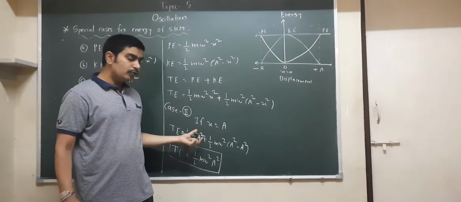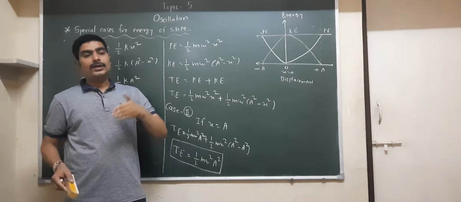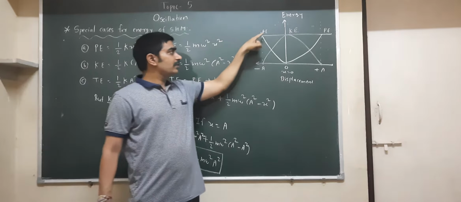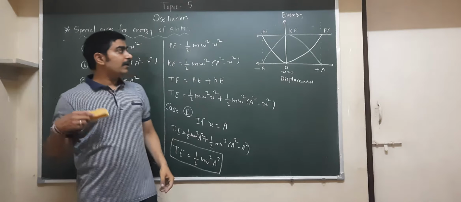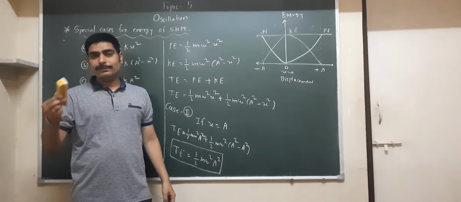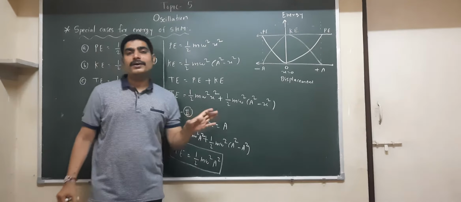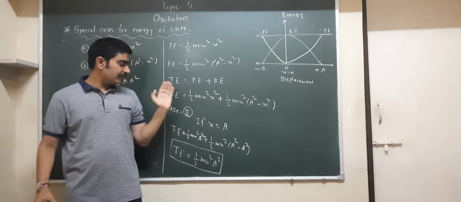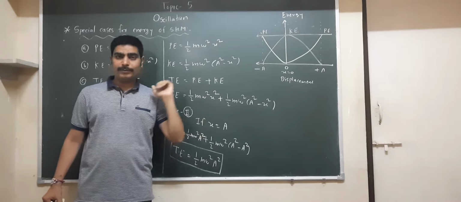So x is equal to a is for the extreme position. The total energy is pure potential. Remember, if kinetic energy increases, then potential energy will decrease, but the total energy will always remain constant. So these are case number 1 and case number 2.